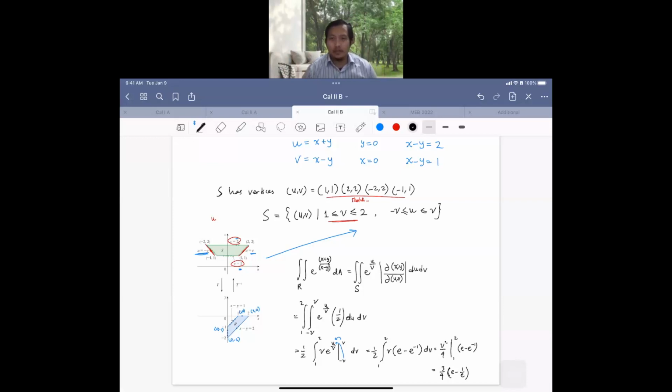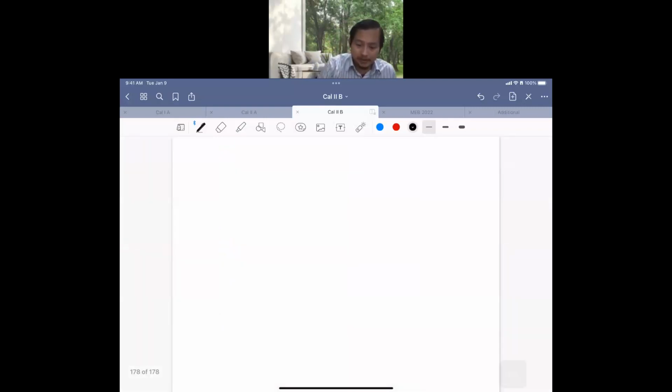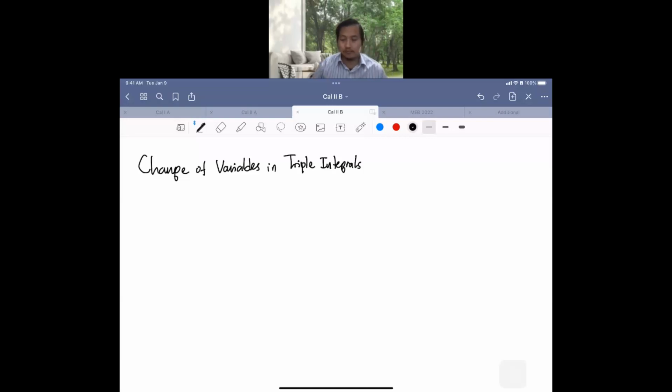Okay, now we go to the next session. The change of variables in triple integrals.